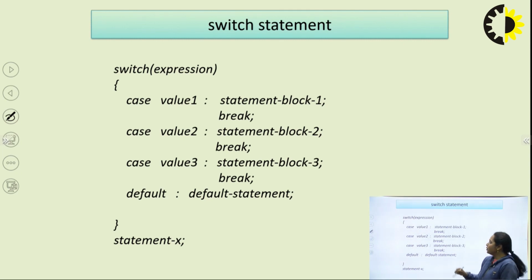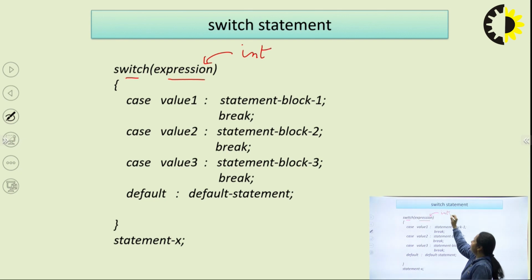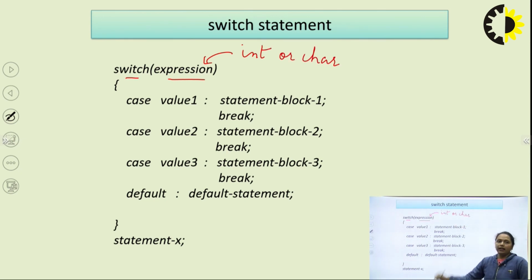The syntax for the switch statement is switch expression. The expression which is provided here is of type integer or character. These two data types are allowed to be passed within this expression. Means whatever is the value of the expression is either integer or character.